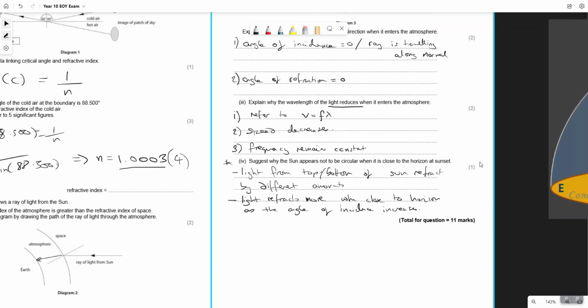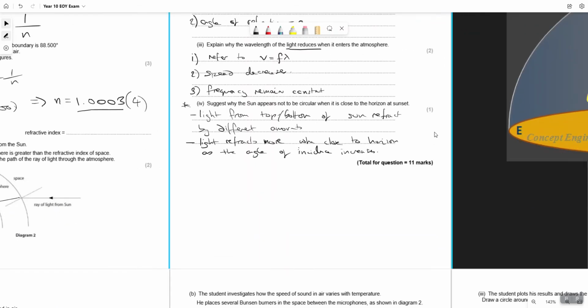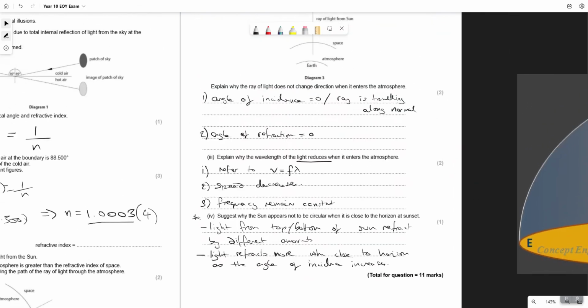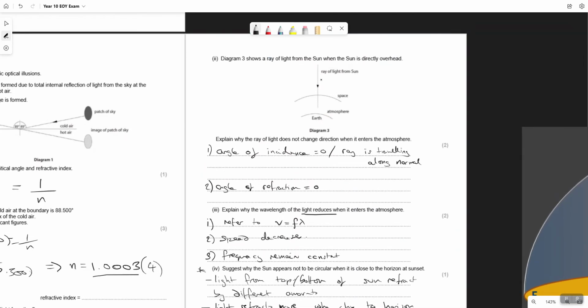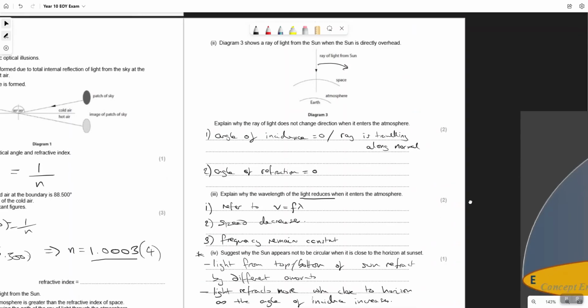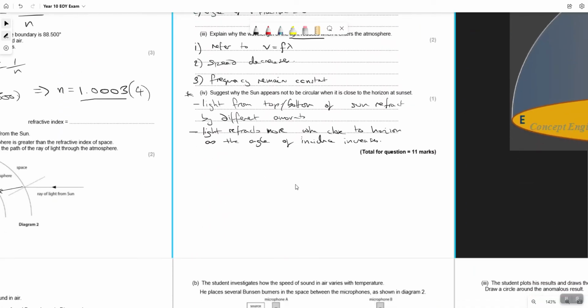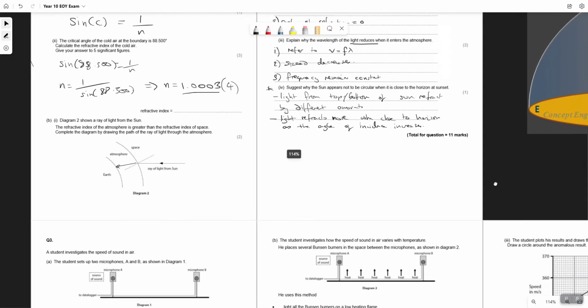So rays of light will move further away from the normal as you move in this direction. It starts off with an angle of incidence of 0, but as the sun moves across the sky, the angle of incidence is going to go up. That's a tricky one to visualize. It's not immediately obvious the best way to approach it, but again, that's why it's only worth 1 mark.